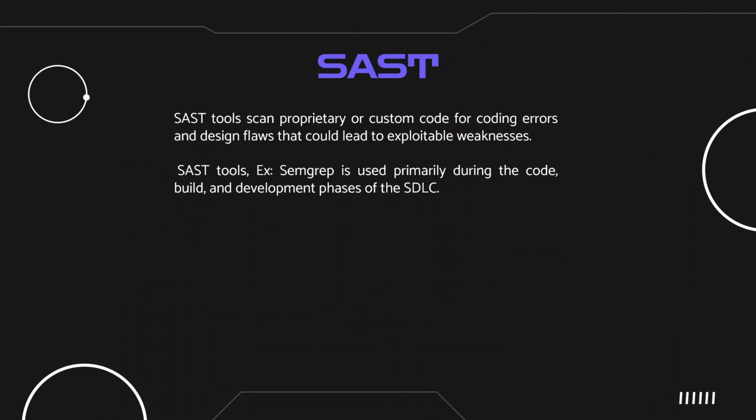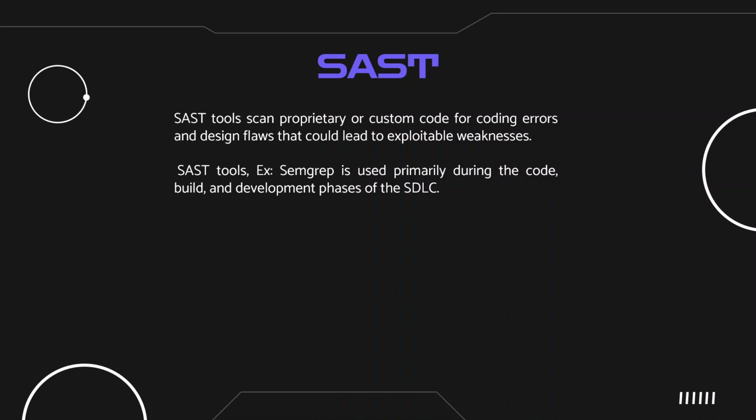So what is SAST? Basically, SAST is static application security testing, and it is used for finding coding errors and design flaws that could lead to exploitable weaknesses. SAST tools detect major, critical vulnerabilities at the very root level.